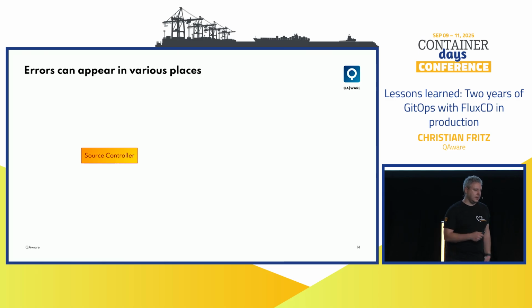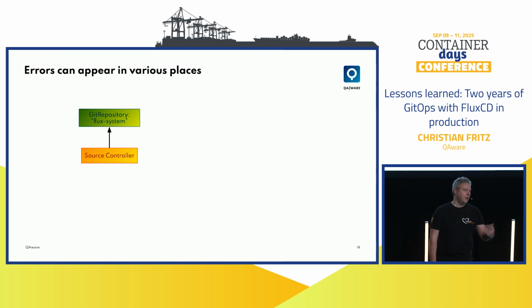So first we have our source controller, and the first thing it does is read the Git repository, in this case the Git repository of flux-system, and reads the information where it can access this Git repository. And of course, it reads the secret with the SSH key.